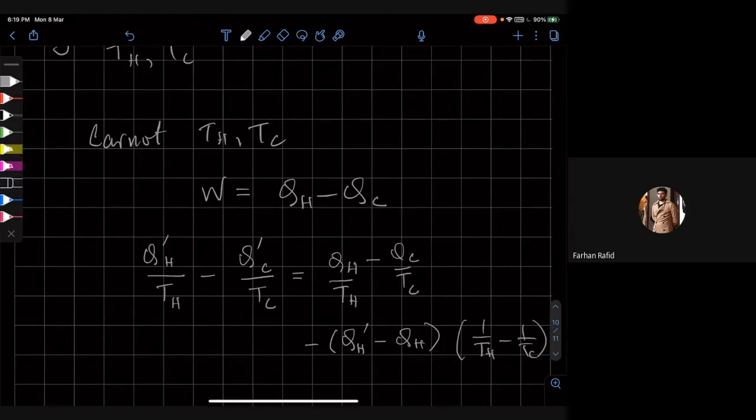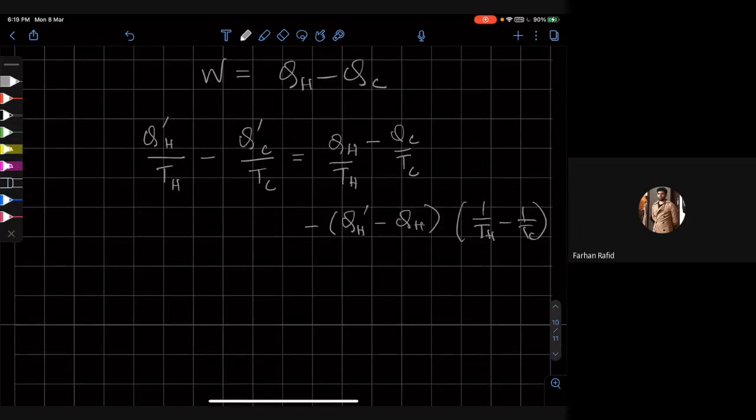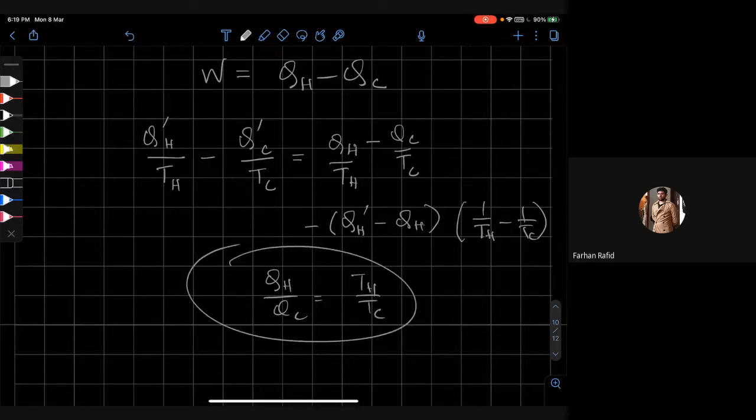It is not obvious that you can do that. To do that, you have to use the fact that for the Carnot engine we have QH over QC is TH over TC. These are just a few lines of algebra. You start from the right hand side and show it is equal to the left hand side.